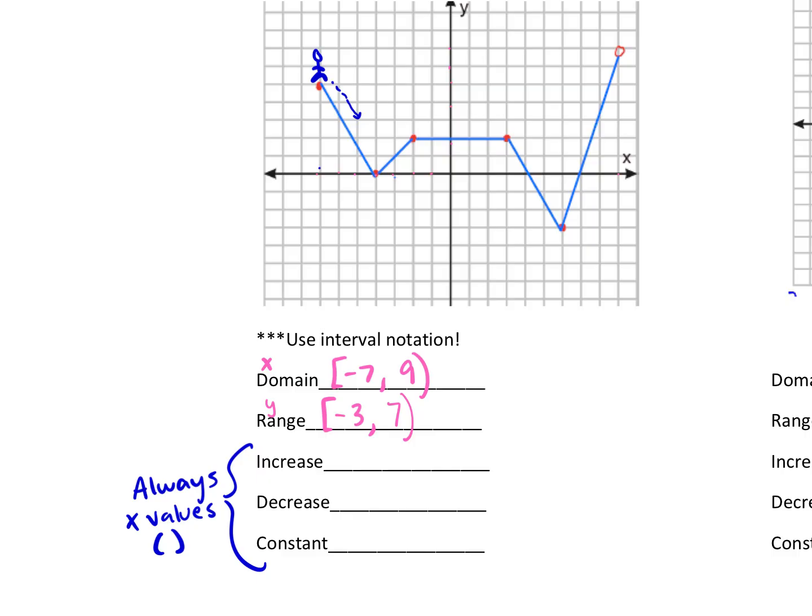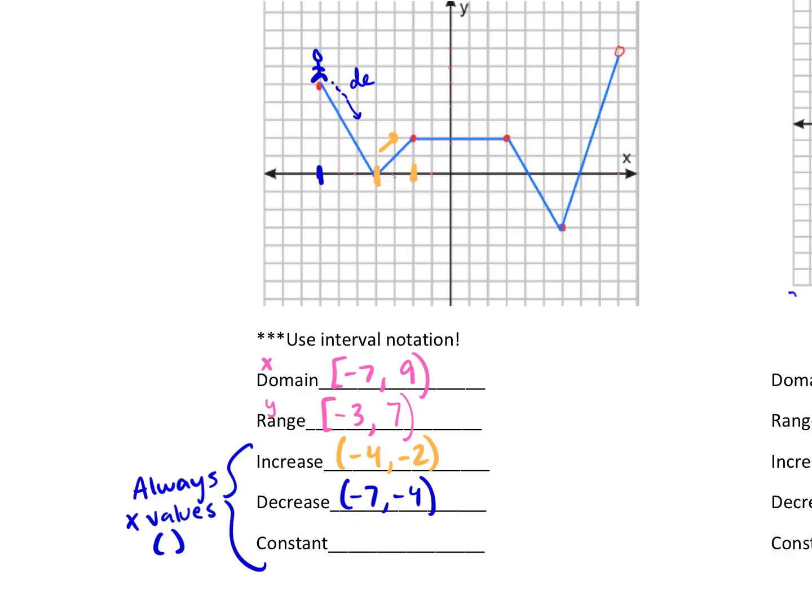So we're decreasing from what x value to what x value? -7 to -4. Perfect. Then we start walking uphill from here to here. So from what x value to what x value? -4 to -2. We are increasing.